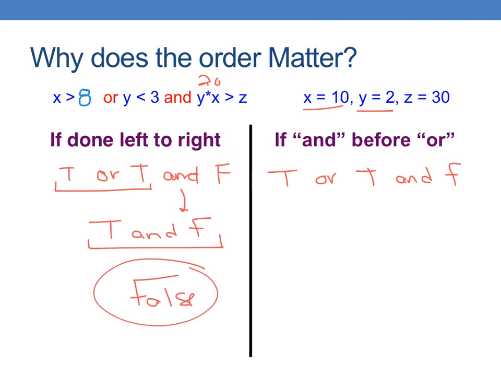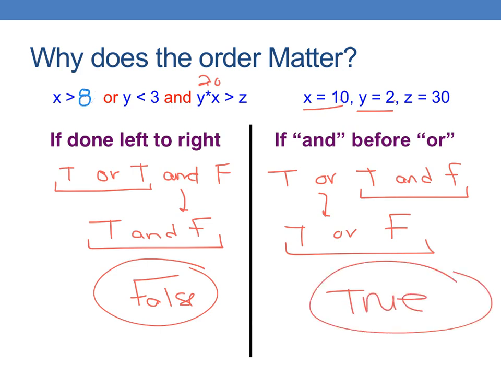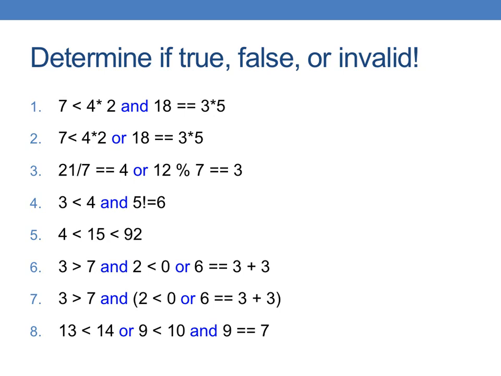However, if we do the and first, so true and false, that becomes false. We bring the or down, true or false, well, that becomes true. So notice here how the order does matter. You do have to do your ands before your ors, or there is a good chance that you will get the incorrect conclusion for your complex Boolean statement.